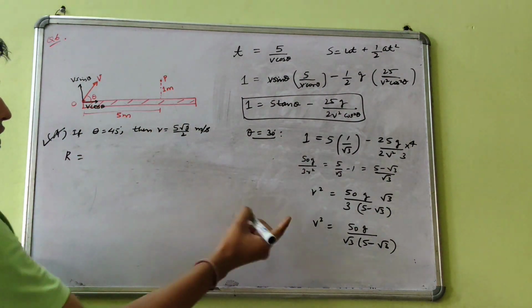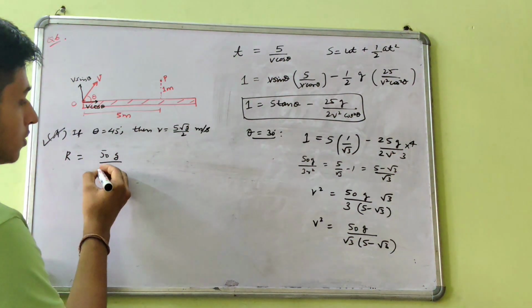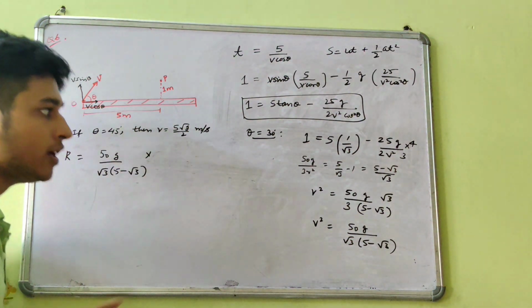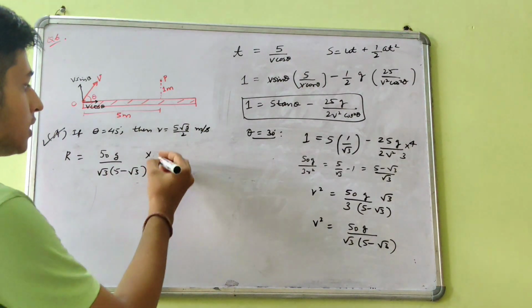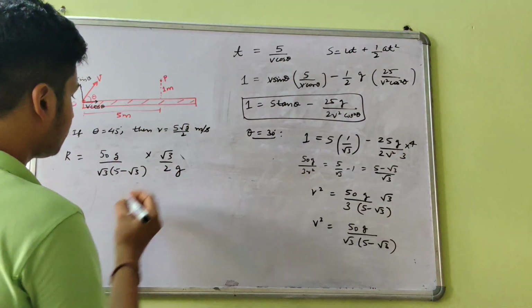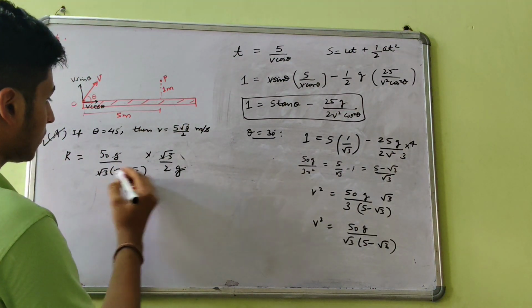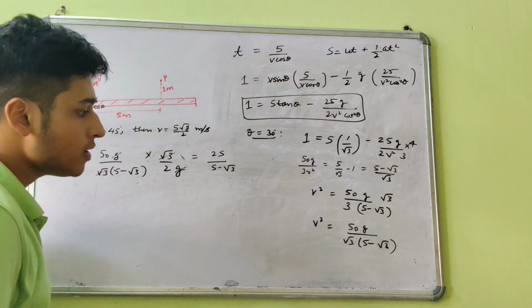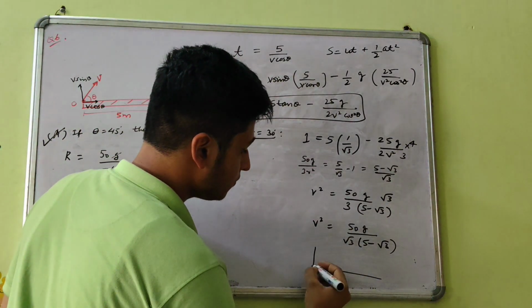Range will be u square sine 2 theta by g. Theta is 30 degree, so sine 2 theta is sine 60, root 3 by 2. That is 25 by 5 minus root 3. This is the complete range.